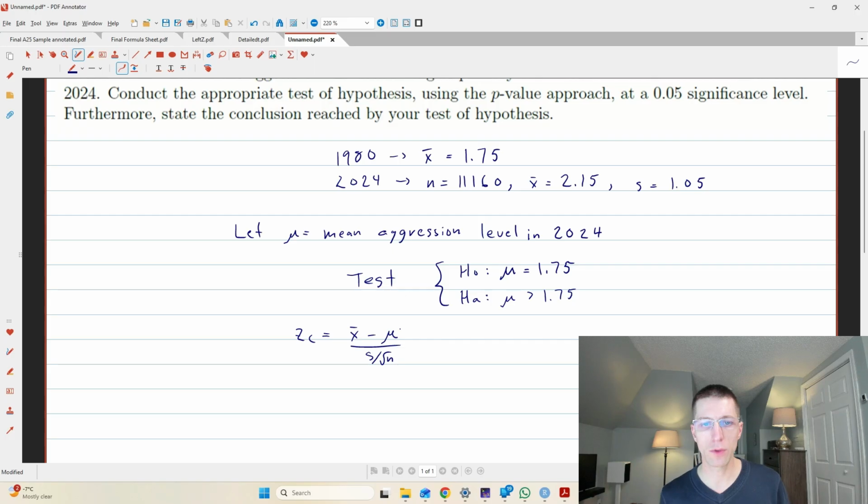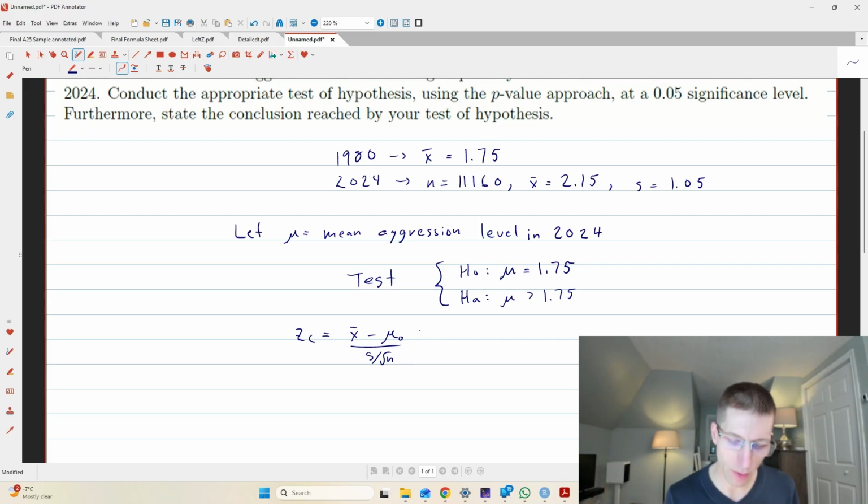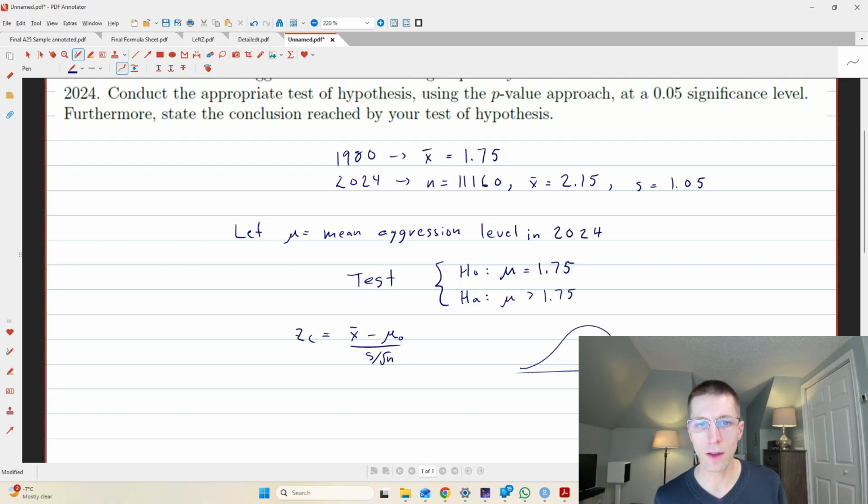And sometimes I also use a zero subscript to note that this is the hypothesized mean that we're comparing against. So we're looking at the Z score. If we looked at the distribution with mu naught there, this is the sampling distribution of the mean.